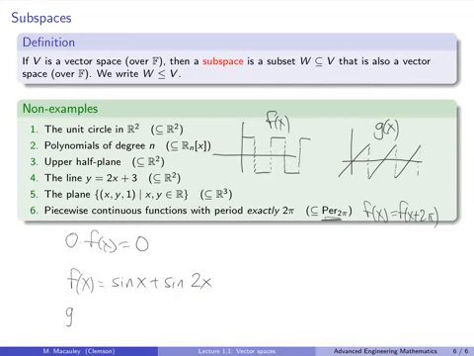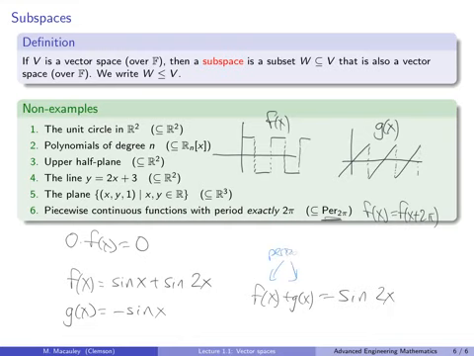But let's define g of x to be negative sine of x. That also has period exactly 2 pi. But if you take f of x plus g of x, you get sine of 2x, and now both of these have period 2 pi, and this has period pi. So that's another reason why this set is a subset, but it's not a subspace.